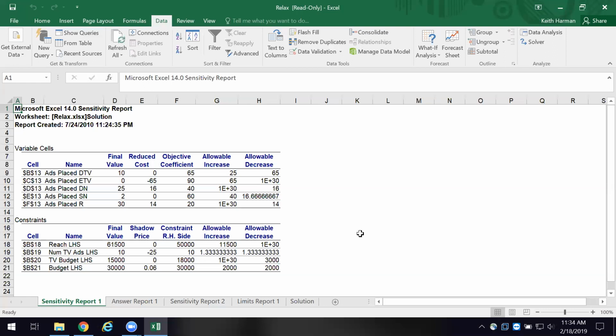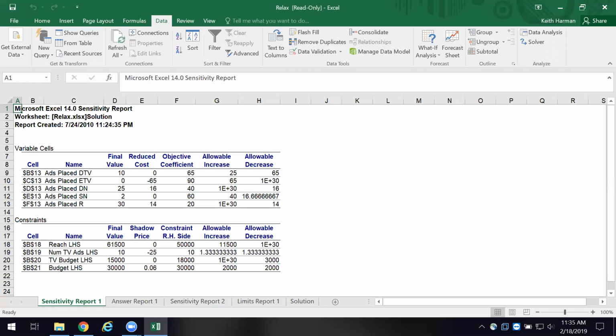The shadow pricing, you could look here and you could see in both of these sets of data, the variable cells or the constraints, you're looking at a shadow price or a reduced cost that's negative. Okay. So that's good news in the sense you can reduce the cost. It's bad news in the sense that you'll reduce your reach.